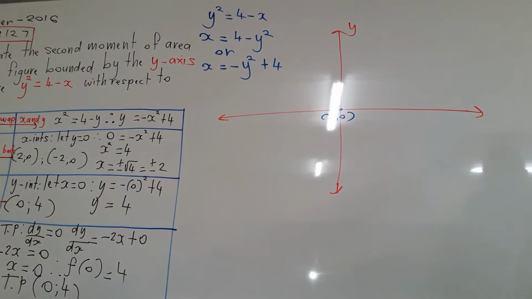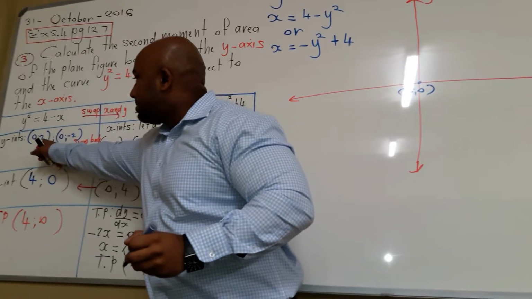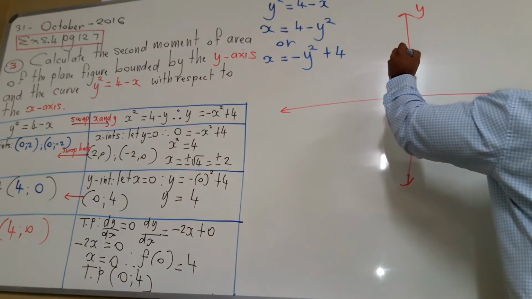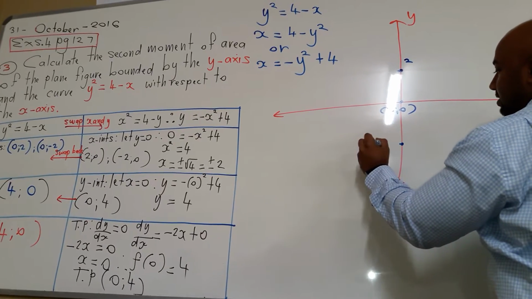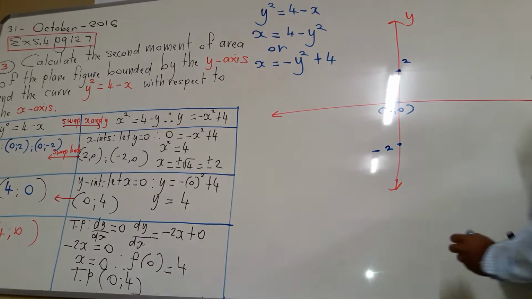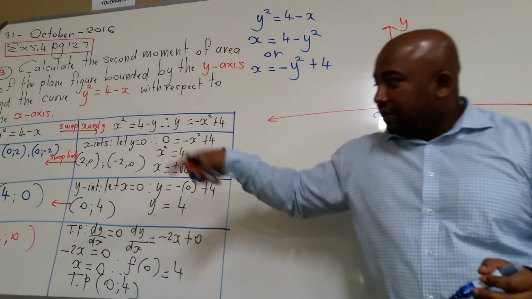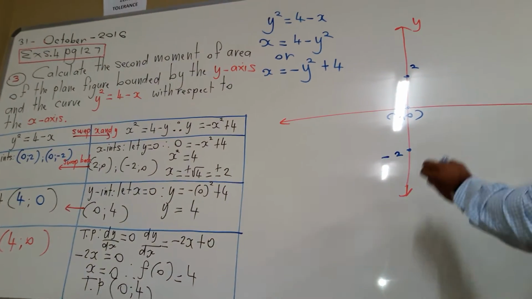Right, so x-intercepts, y-intercept, turning point, simple to plot there. The y-intercepts are 2 and negative 2. So let's go for 2 here and minus 2 there. What is the x-intercept of the graph, which is also the turning point? 4 and 0.